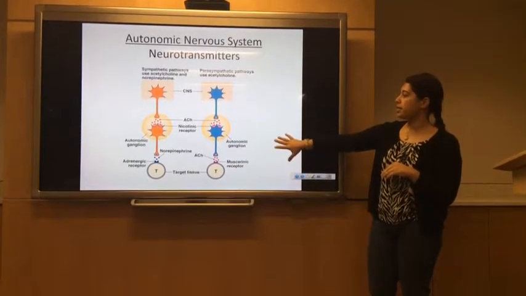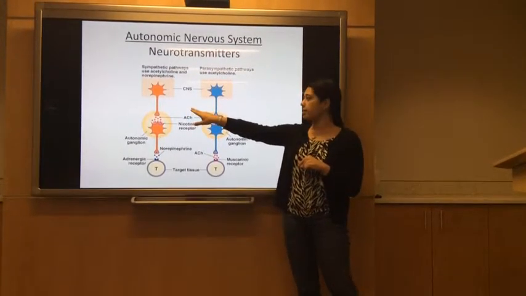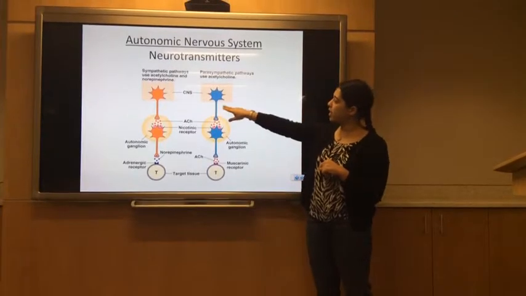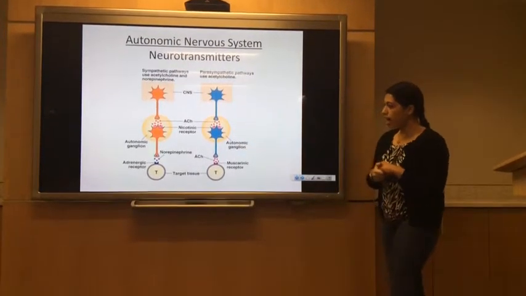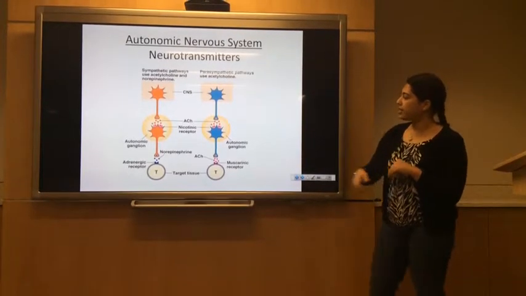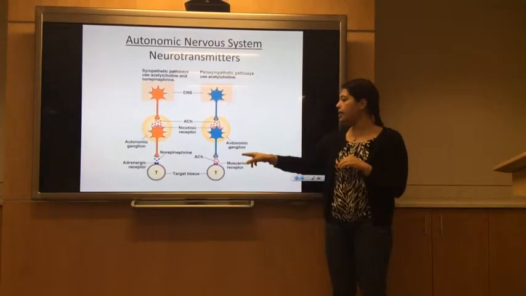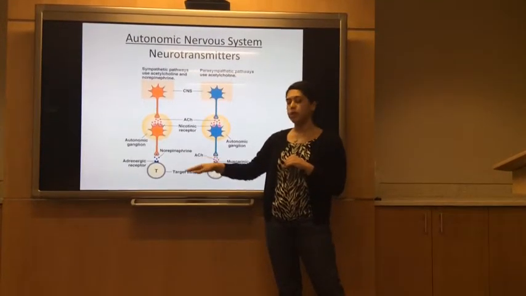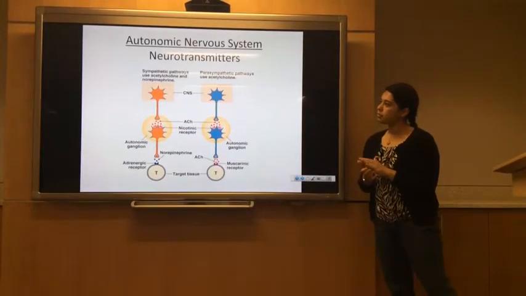This picture is not to scale in terms of the length of the preganglionic fibers, which we just discussed earlier. The parasympathetic preganglionic fiber should be much longer. Also, acetylcholine has a stimulatory effect on the GI tract, while norepinephrine has an inhibitory effect by decreasing the amount of acetylcholine being released.